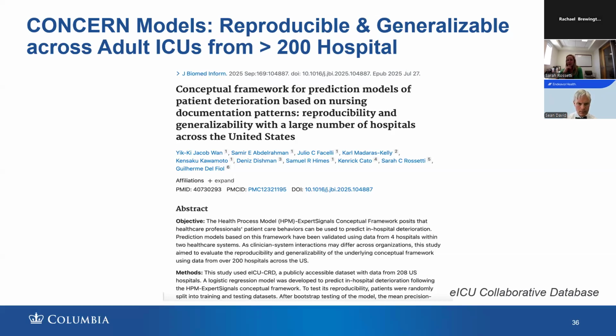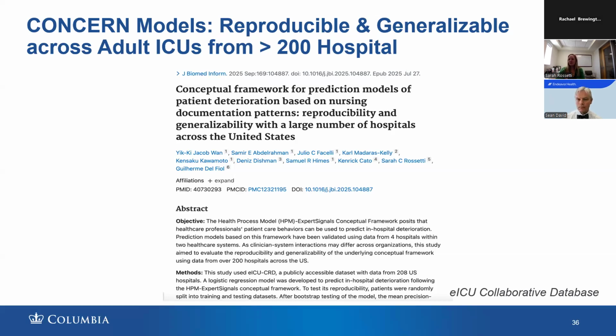I'll add too, when we first put our first papers out, nurses emailed me out of the blue saying, yes, I document that way. That is how I document. That's my practice. When I'm worried about a patient, I know I do that. Obviously that's an N of one here and an N of one there, but it's really kind of phenomenal to hear from nurses that they know they do that, and we were able to model it.